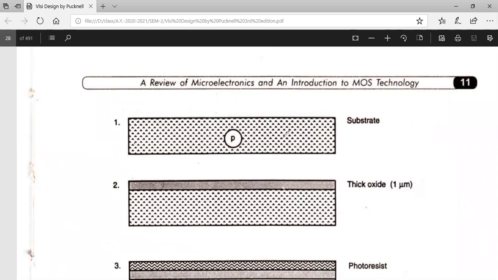I subject this lightly p-type silicon wafer to oxygen, that means I am oxidizing it.